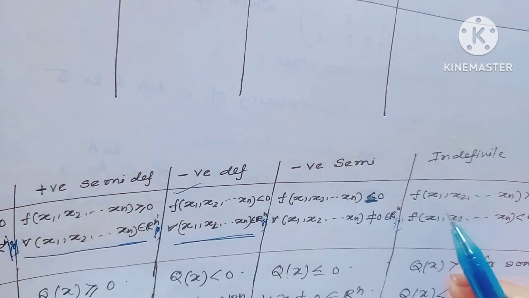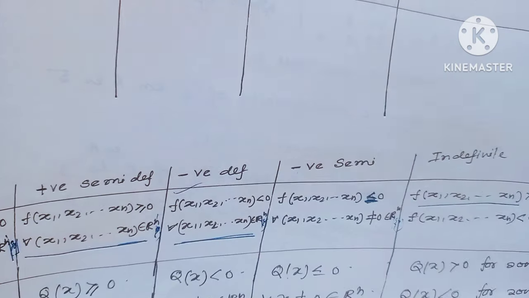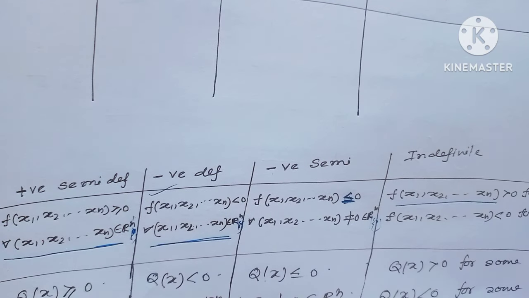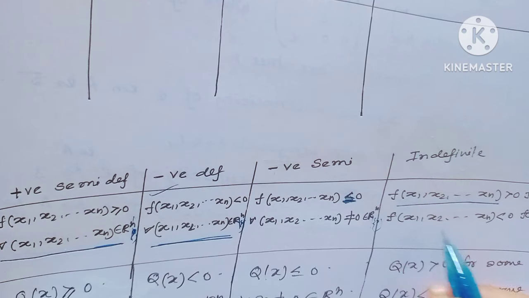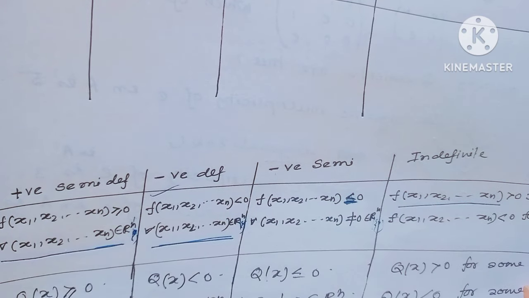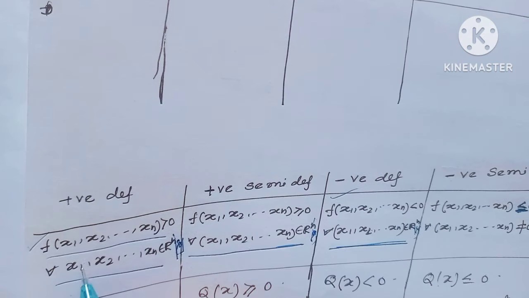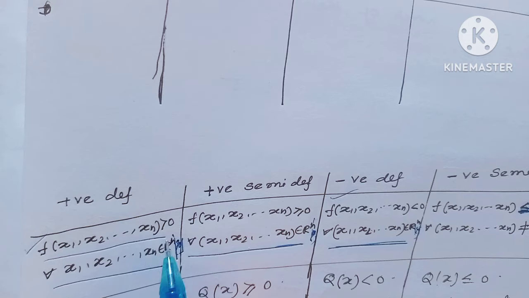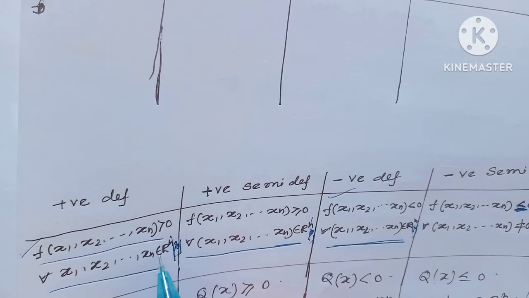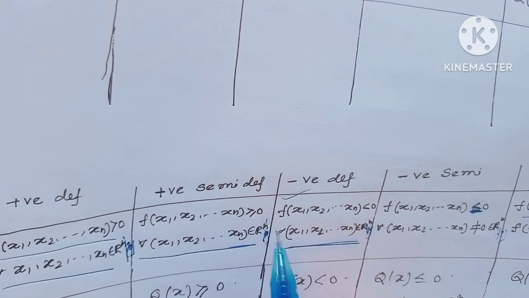Indefinite means f(x1, x2, ..., xn) is strictly greater than 0 not for all x, but for some x, and f is less than 0 for some x also. That means positive definite means the function is strictly greater than 0 for all nonzero x. Positive semi-definite means the function is greater than or equal to 0.